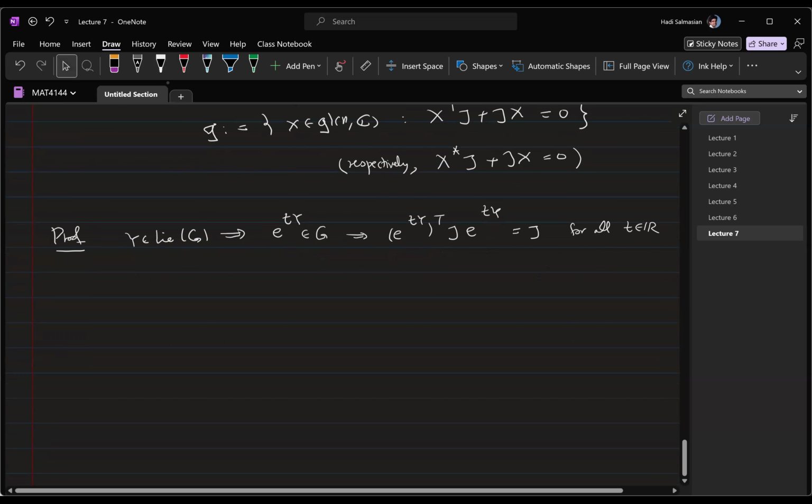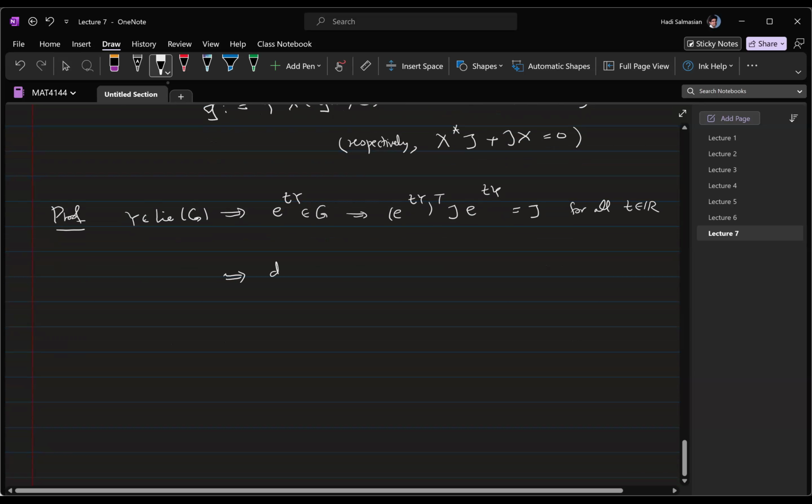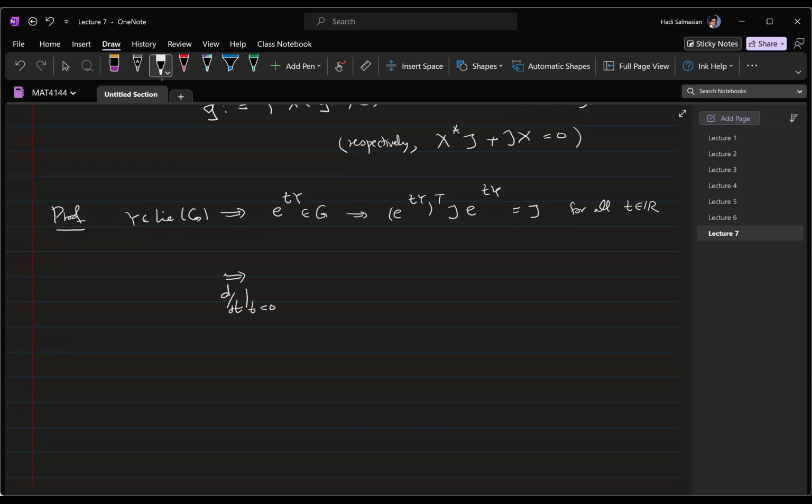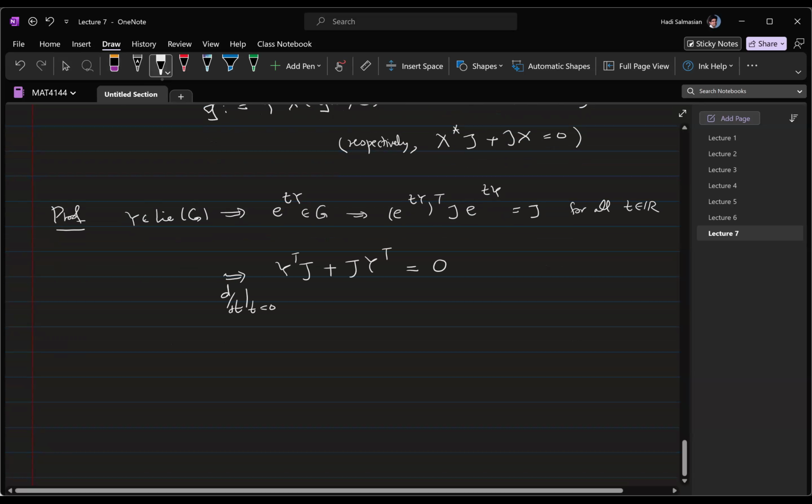And now again, what should we do? Just differentiate at t equal to 0, and then use the Leibniz rule just like we've done before, so that for the left-hand side, we end up with y transpose. Remember, e to the ty transpose is just e to the t times y transpose. So I get y transpose J plus J y, and the derivative of the right-hand side is 0 because it's constant.